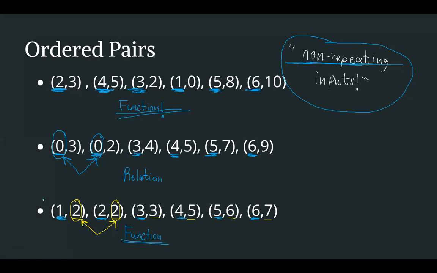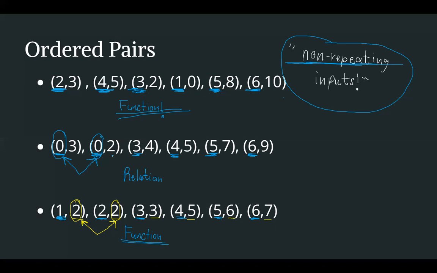Before I proceed to the next, as you can see, this first example and the second example, you can still call it a relation, but since we have a special kind of relation wherein the inputs are not repeated more than once, then it is called a function. In the second example, you can still call it a relation, but not a function, because the inputs, one of them or two of them, are the same.